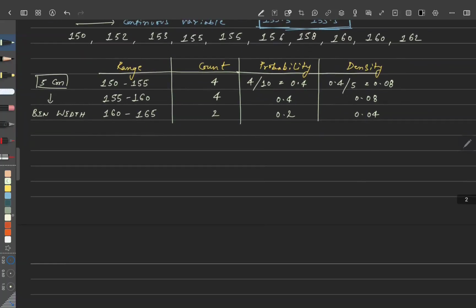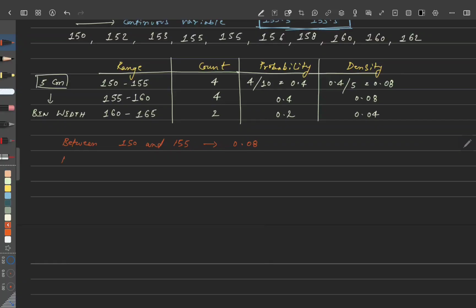So what this means is that between 150 and 155, the height of the curve is 0.08.